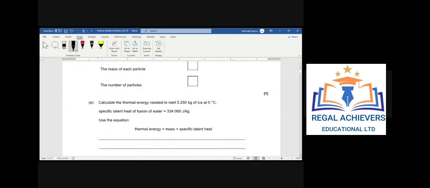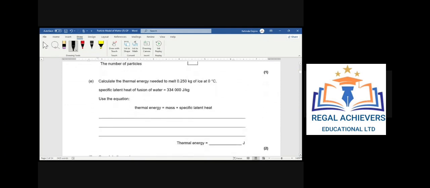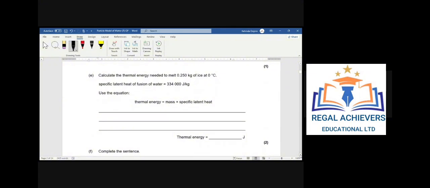Then the next question is in alignment with what we also treated under specific latent heat. We calculate the thermal energy needed to melt 0.250 kilogram of ice at 0 degrees Celsius, and they have given us the standard value for the specific latent heat of water.